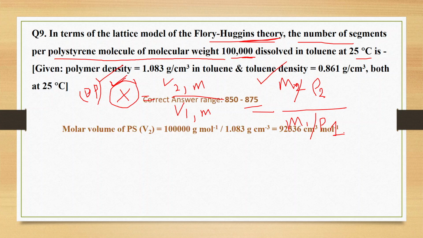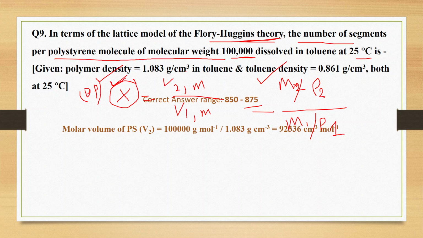So the correct answer range is between 850 to 875. Those who said that were very much correct. I have already told you that you have to calculate the number of segments, or degree of polymerization. That was the basis for Flory's theory, right? We are calculating the number of segments per polymer chain, which is given by the molar volume ratio of your polymer and solvent.